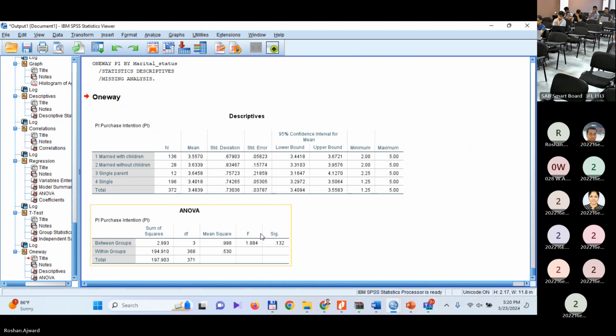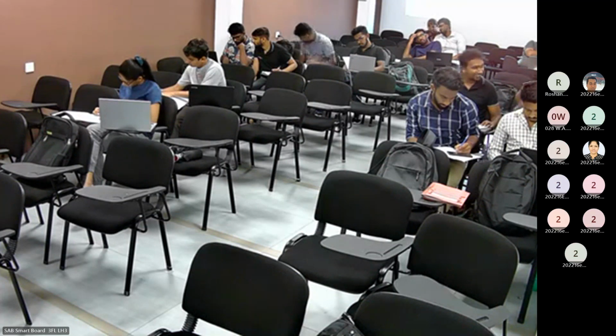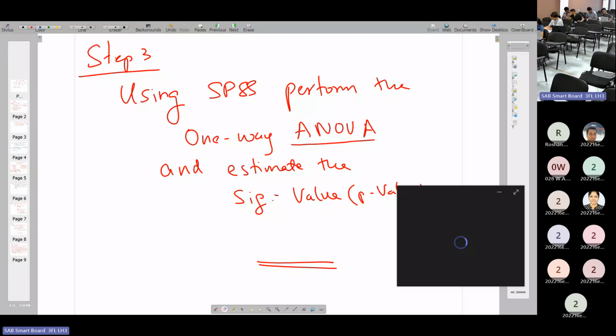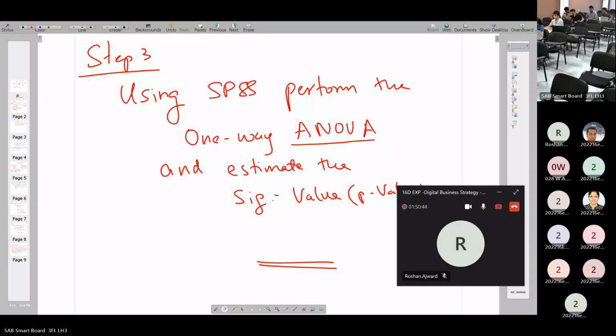So now you can go and write that: 0.132. Now my question is, is 0.132 above 0.05 or below?